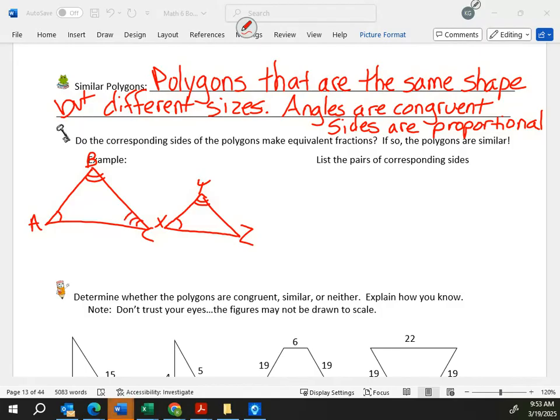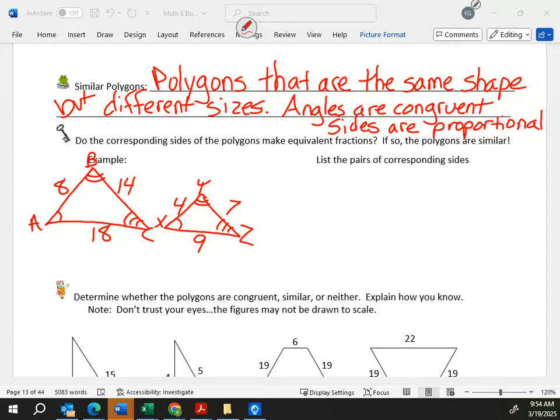These angle measurements, A is the same as X, B is the same as Y, C is the same as Z. But my side lengths are going to be proportional. They're going to either grow or shrink at that same rate. So I could say 8 divided by 2 is 4, 14 divided by 2 is 7, 18 divided by 2 is 9. It's proportionate. They shrunk down by dividing by the same number. Or it grew by that same number.